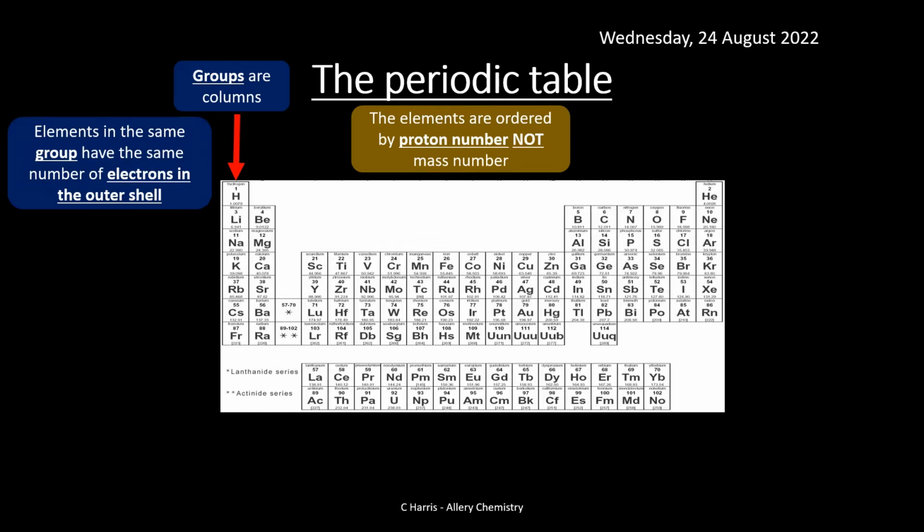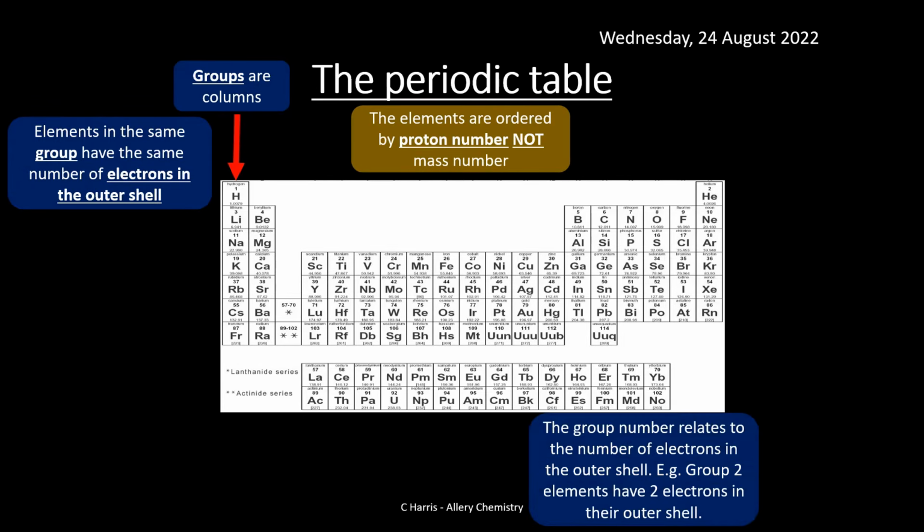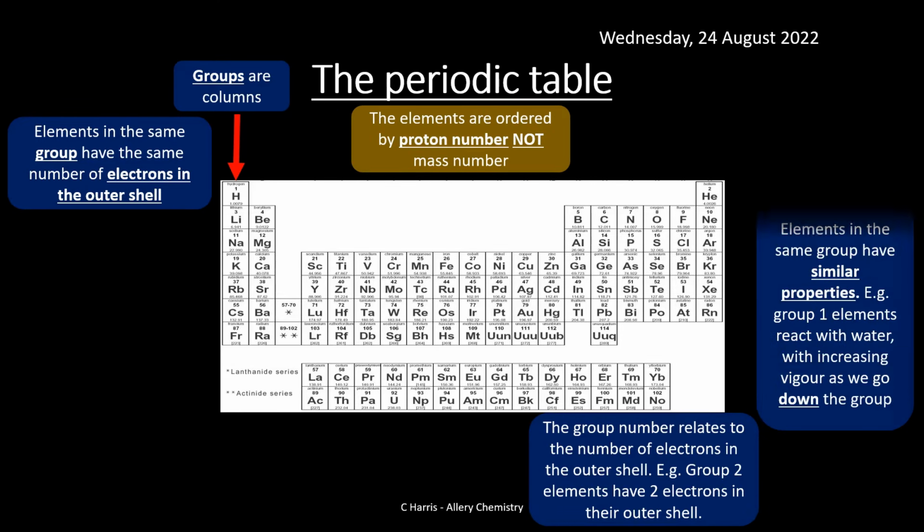You would have seen that right from topic 1 and a bit of topic 2 as well. So the group number relates to the number of electrons in the outer shell. For example, group 2 elements have 2 electrons in the outer shell. This is just a bit of a recap, really. And elements in the same group have similar properties.